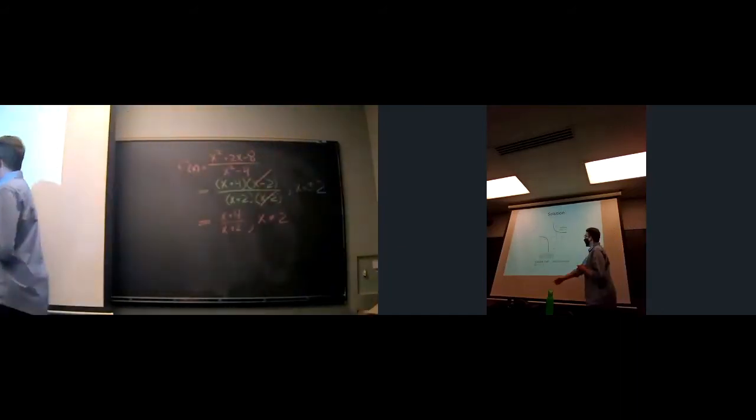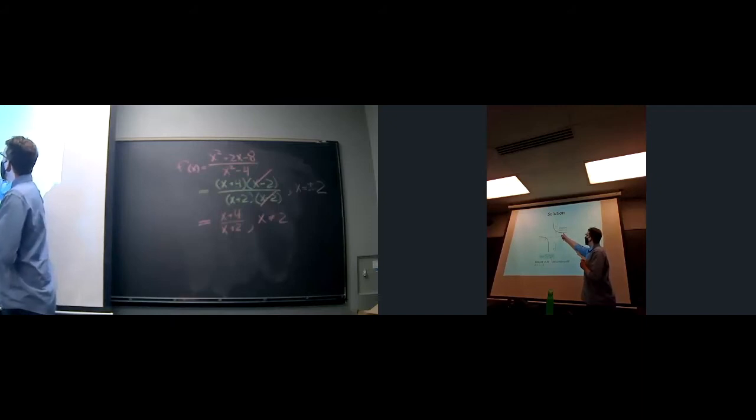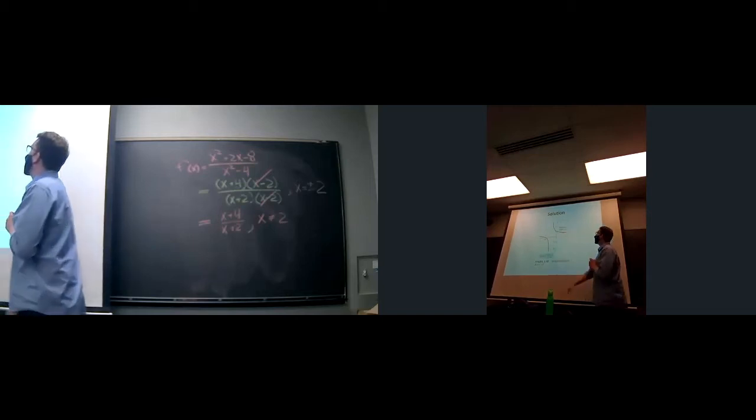Now looking at it, check it out. We've got an asymptote at negative 2, and when x is equal to 2, our function's undefined. That's that jump, or that discontinuity I was talking about. So from this, we can say, all right, cool.